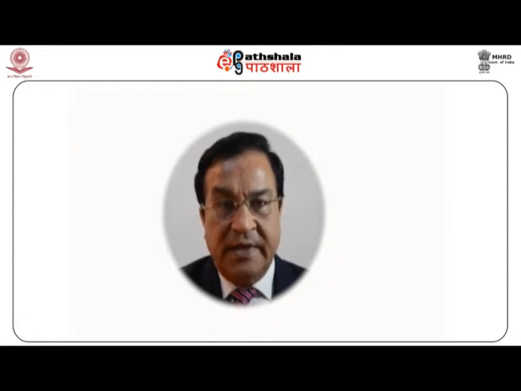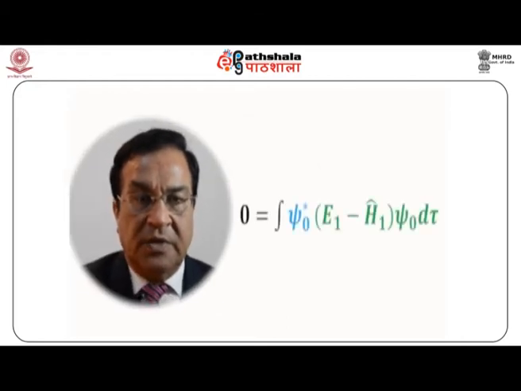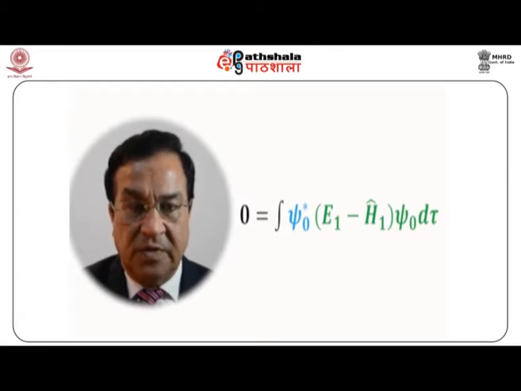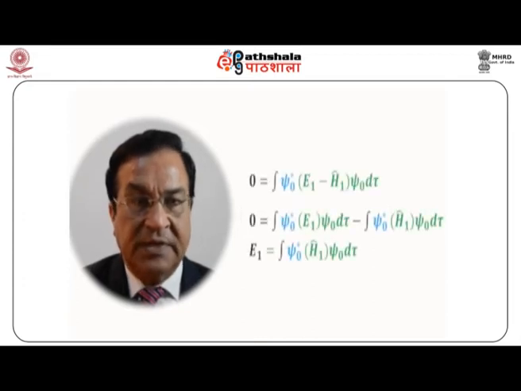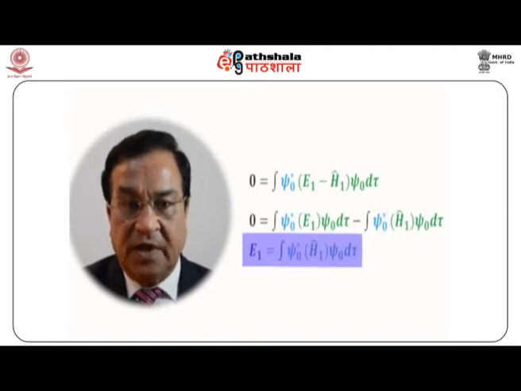Now, equating the left hand side to the right hand side of equation 17, we get 0 is equal to integral psi 0 star (E1 minus H1) psi 0 d tau, and if we expand it and further simplify it, we get E1 is equal to integral psi 0 star H1 psi 0 d tau.